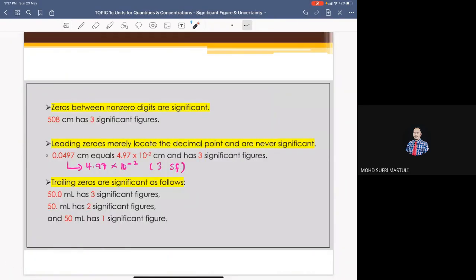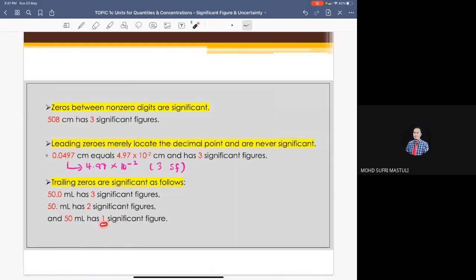So let's say we have a number with a decimal point. 50.0 has 3 significant figures. 50. with a decimal point has 2 significant figures. However, 50 with no decimal point has 1 significant figure.